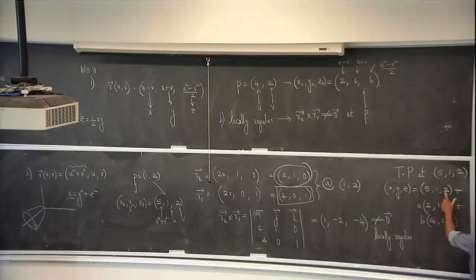So any vector that originates at this point and goes towards those two in any combination will generate the entire tangent plane.